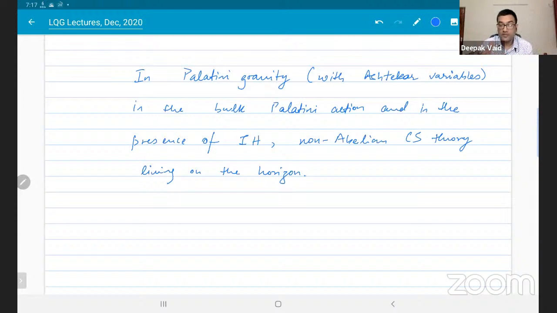And maybe this answers Takato's question. Takato had asked this question, right? That work over the past several years, people have looked at the soft modes, which correspond to the BMS supertranslations of the horizon, and shown that they give you the entropy.